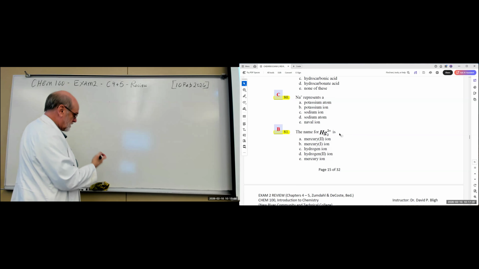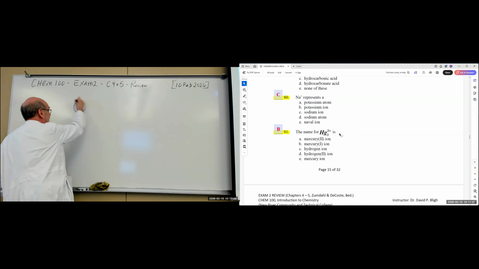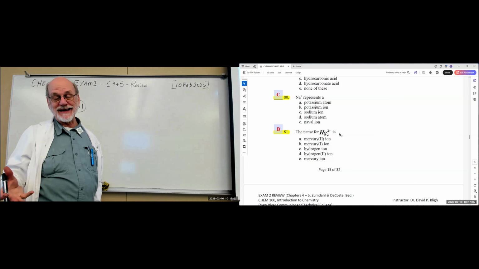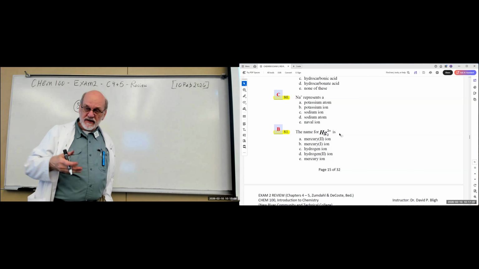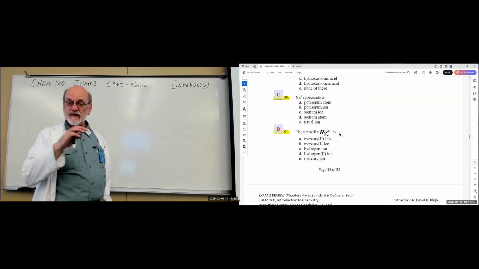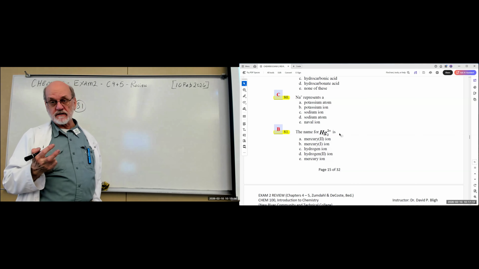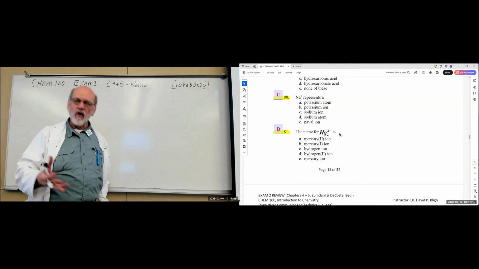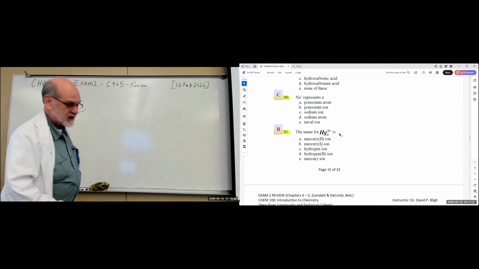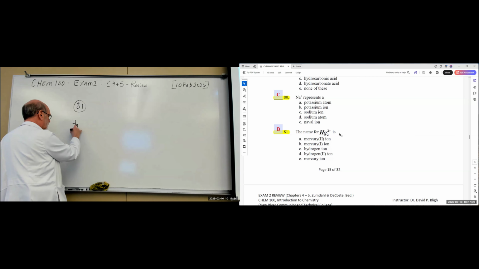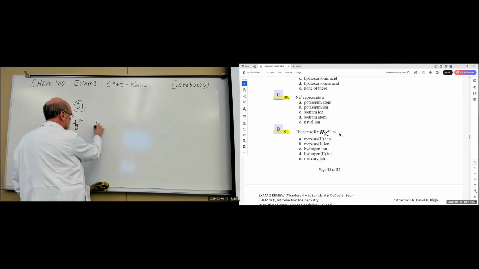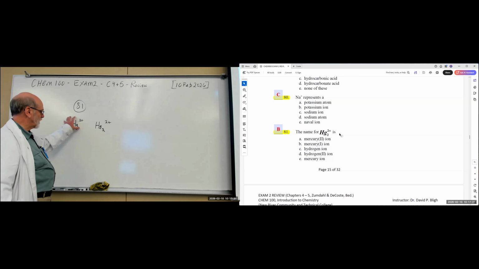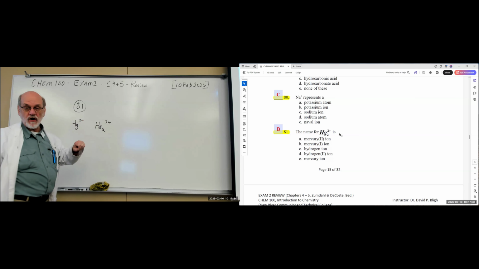I put 81 in here because of mercury. How does mercury exist as an ion? It has two possible charges for the mercury atoms, but as an ion, it's always 2+. It's either this or this. See the difference? One atom, two atoms with the same charge.